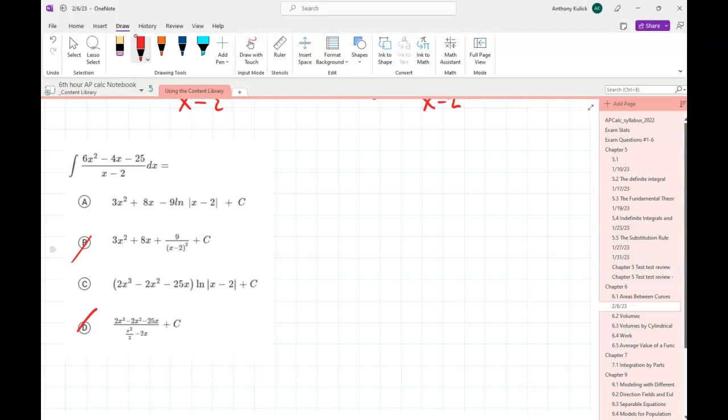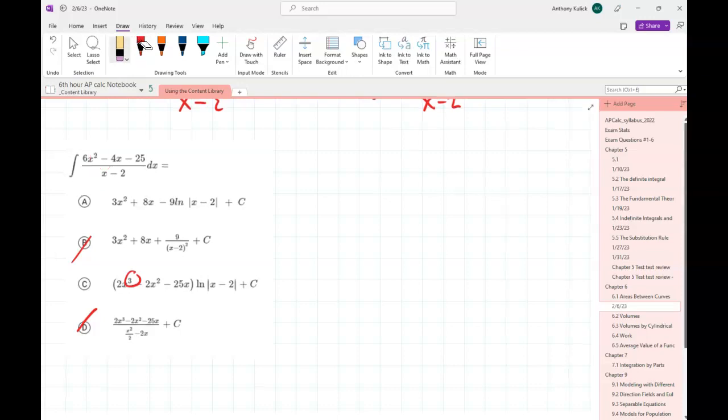And now if I look at the other ones, why should I be able to immediately discard C? There's a couple of reasons you could give. The cube. That's too big, because x squared divided by x to the first should be x to the first, so if I integrate it, the biggest power should be x squared.